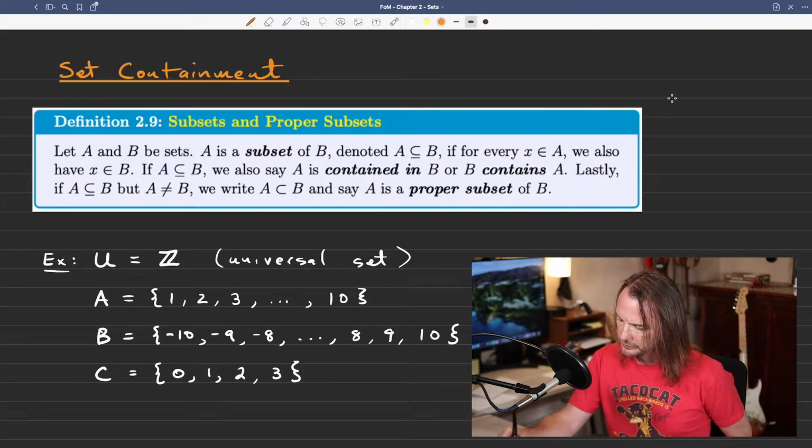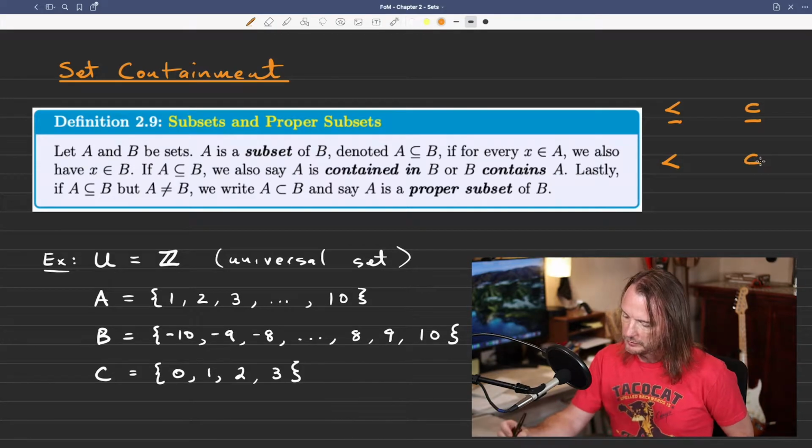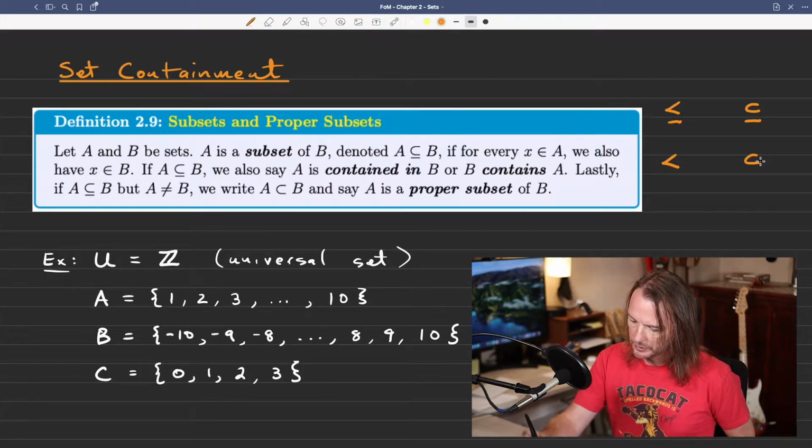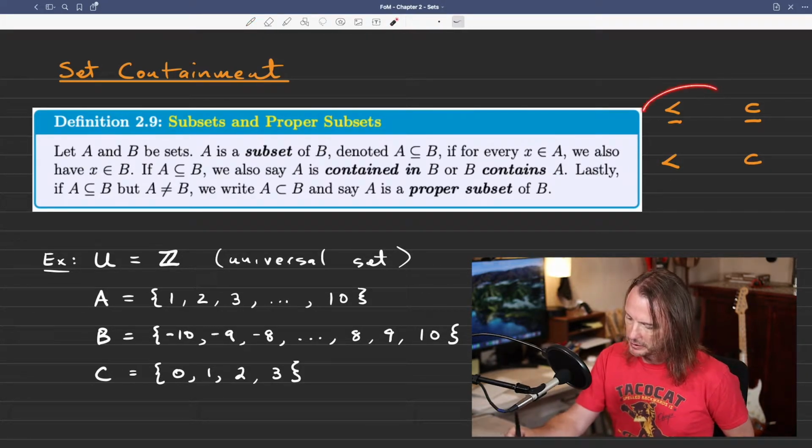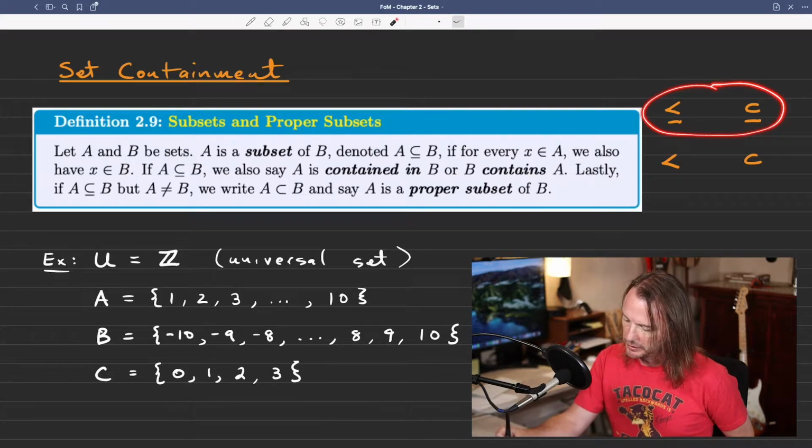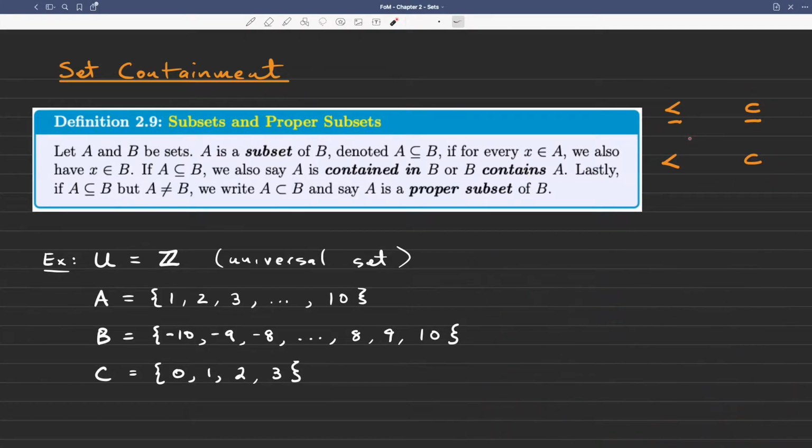Over here on the right, you have less than or equal, and then you have strictly less than. It's analogous to subset or proper subset, because the top notations allow for the possibility of equality, but the bottom ones do not.